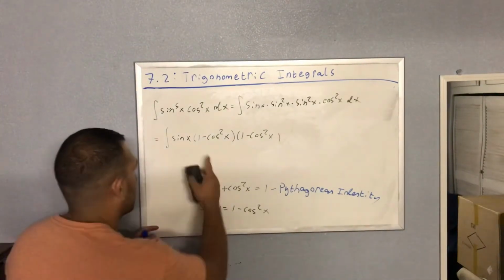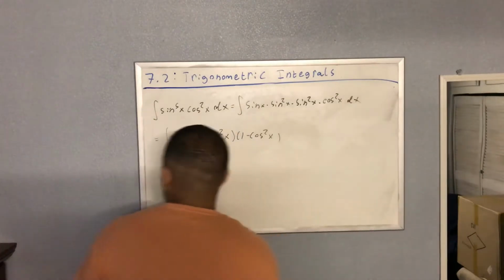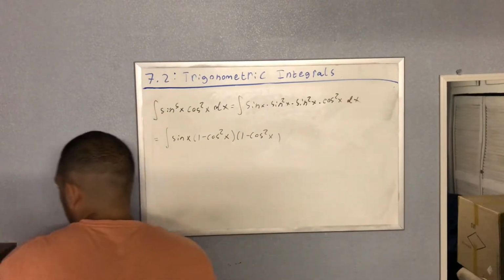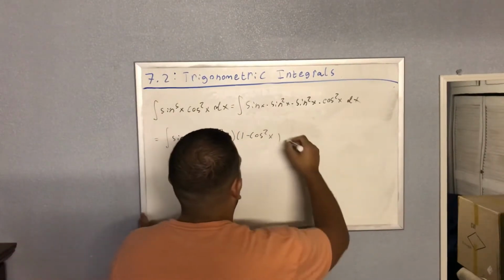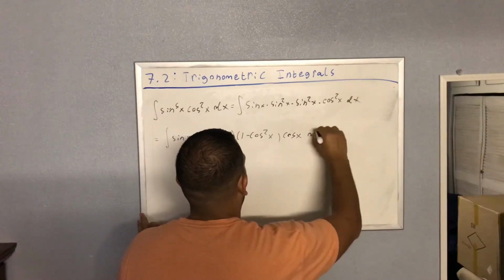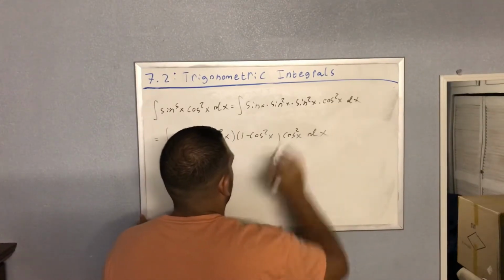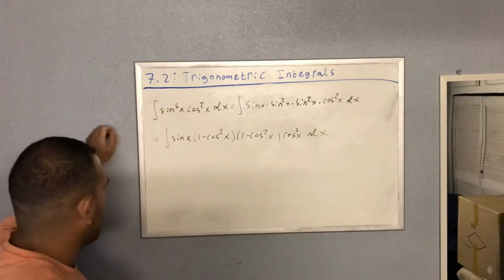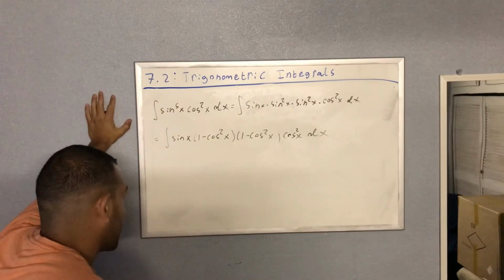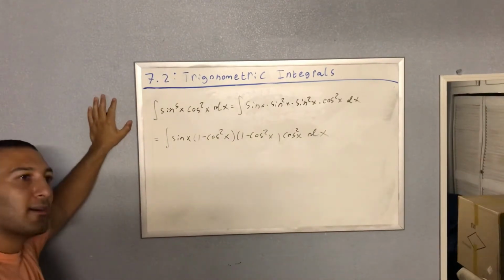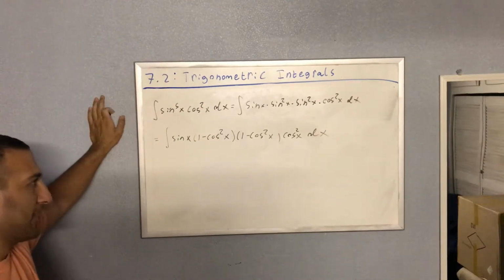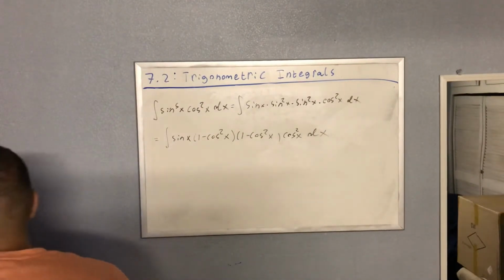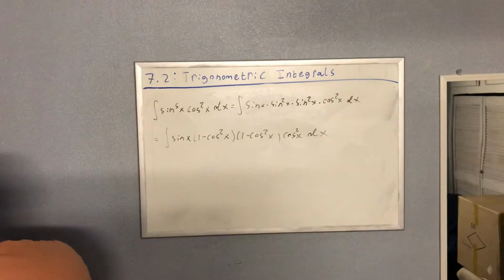So as a consequence of this, we get the following. And then again, the cosine x just comes along for the ride. Oh, sorry, cosine squared. Now it looks like we took a hard problem and made it even worse. But actually, at this stage, we can make a substitution.